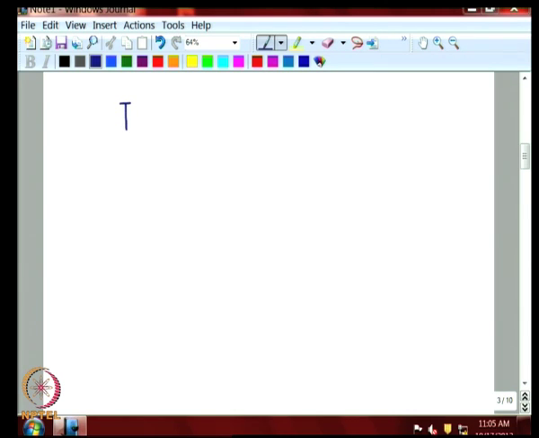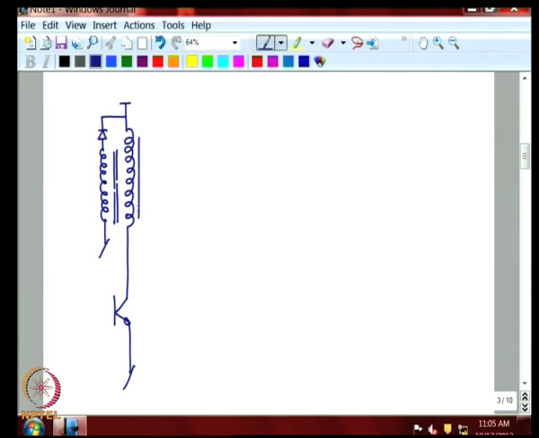Now that we have understood the principle, we have a forward converter, and we have the saturable inductor followed by the regular buck topology of the forward converter.